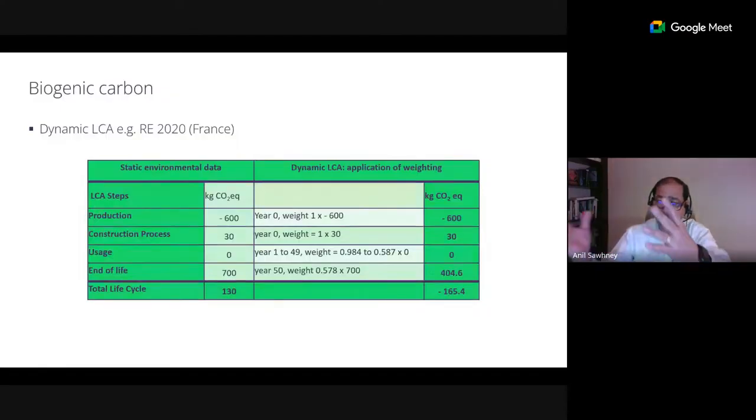What you release back from your system into the environment gets reduced by a scale of 0.578, which means about 58%. So you are getting benefit of storing carbon of about 42%. Whereas you get a zero benefit for storing carbon in that timber beam for 50 years in the case of static LCA.